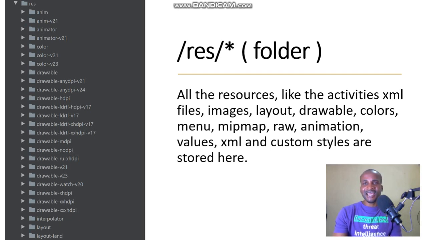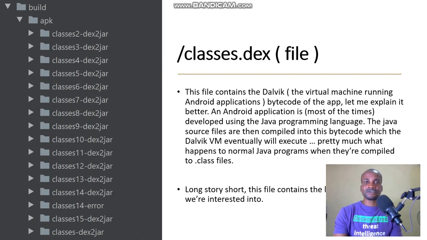So the next folder we're going to be looking at is the classes.dex file. Now this classes.dex file contains the Dalvik, which is the virtual machine runtime of the Android application. It is a chunk of bytecode that is not human readable.